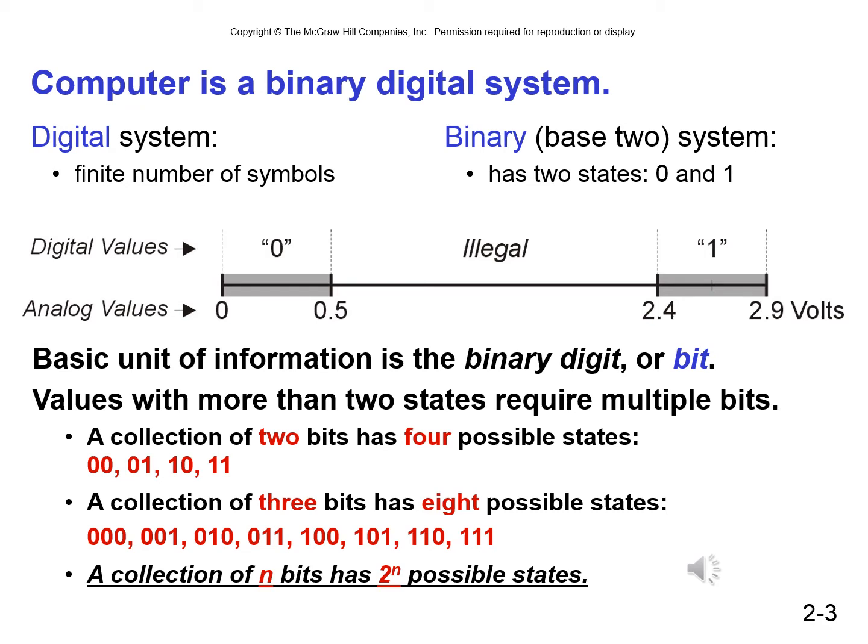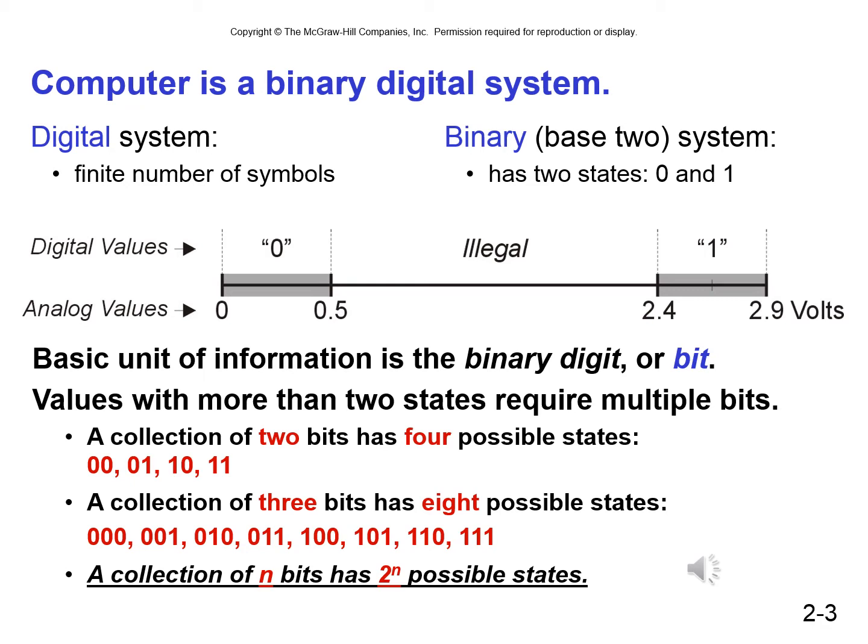So if 1 bit has 2 states, 2 bits has 4 possible states. A collection of 3 bits has 8 possible states. So the general rule we're getting towards here is that a collection of n bits has 2 to the n possible states. 1 bit has 2 states. 2 bits, 4 states. 3 bits, 8 states. 4 bits, 16, 32, 64, 128, 256, 512, 1024.